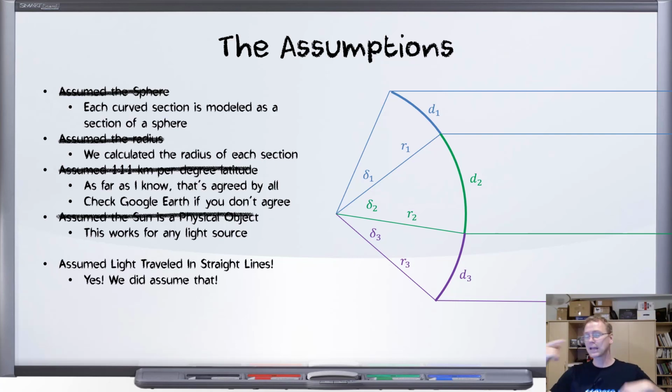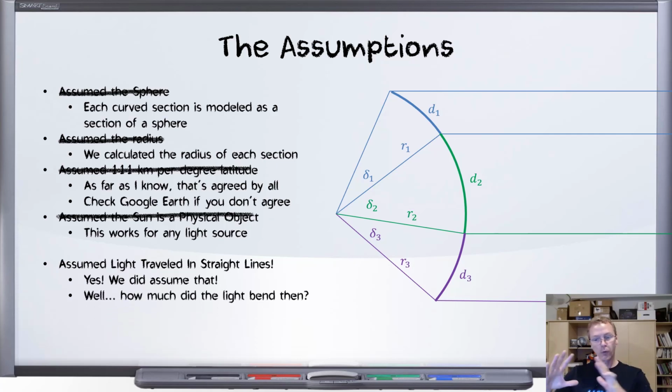So when we come back here and we're looking at our results, at least for one of the sides, the question will become, did the light bend? How much did the light bend? Okay, that's what we're going to need to come back and talk about.